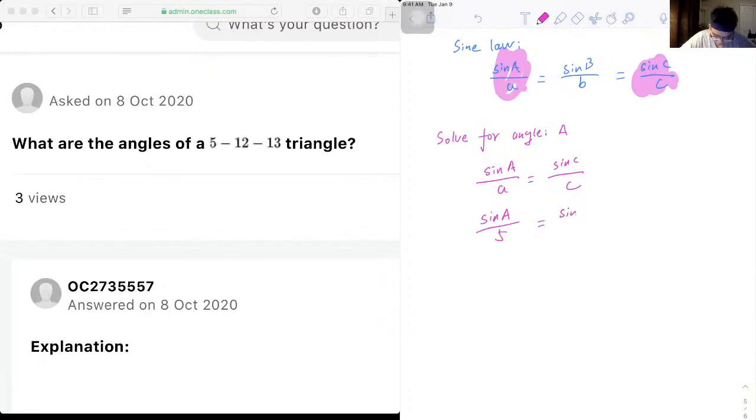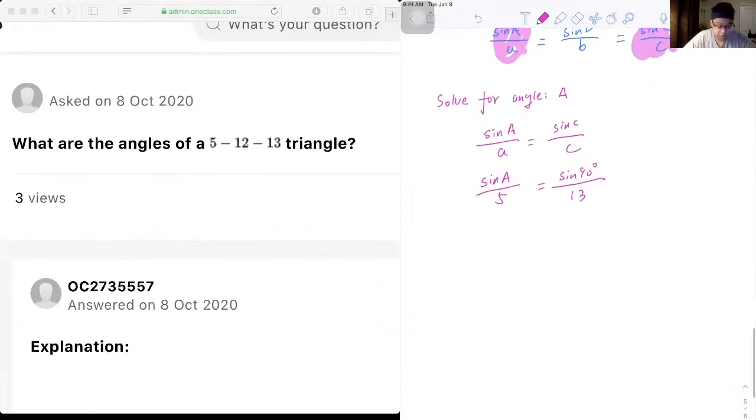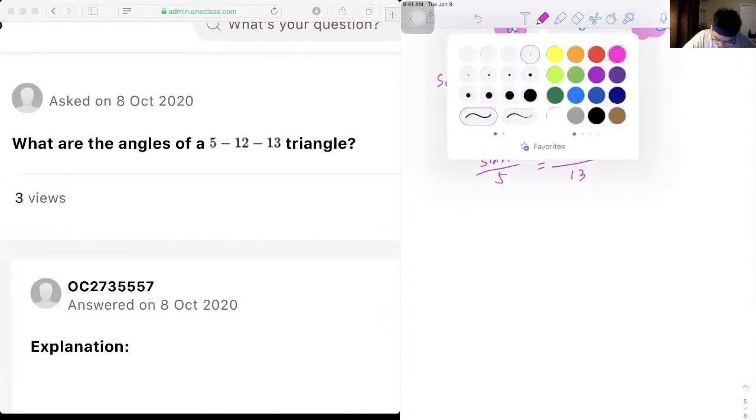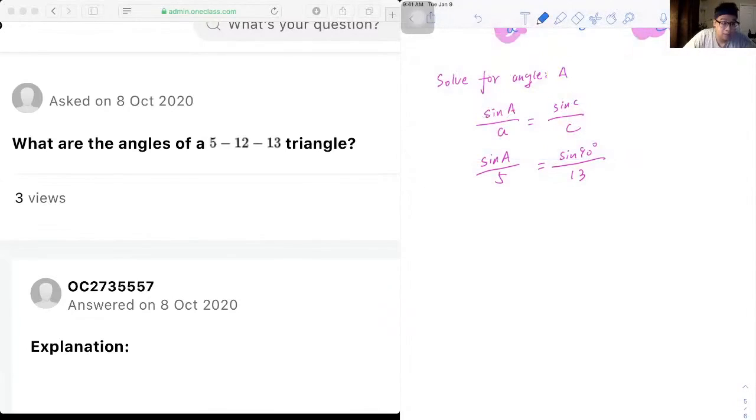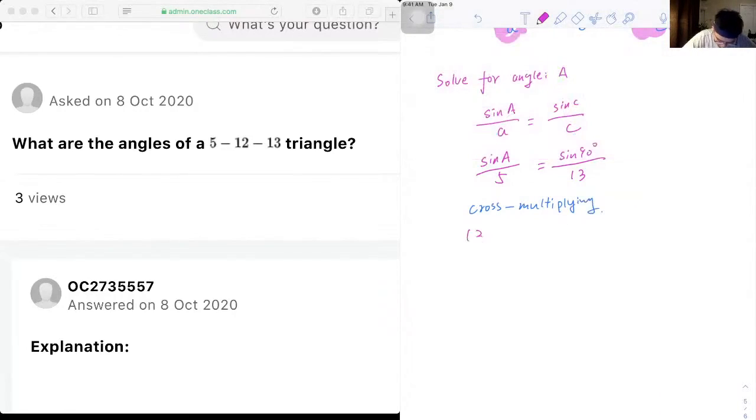And sine C, we know C is 90 degrees, so sine 90 over C, where C is the hypotenuse, which is 13 in this question. And I'm gonna do this by cross multiplying. Okay, so we will have 13 times sine A is equal to 5 times sine 90.